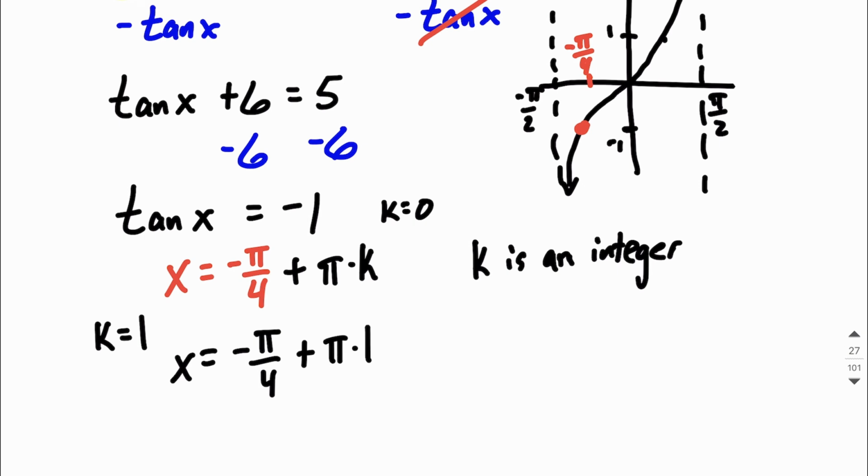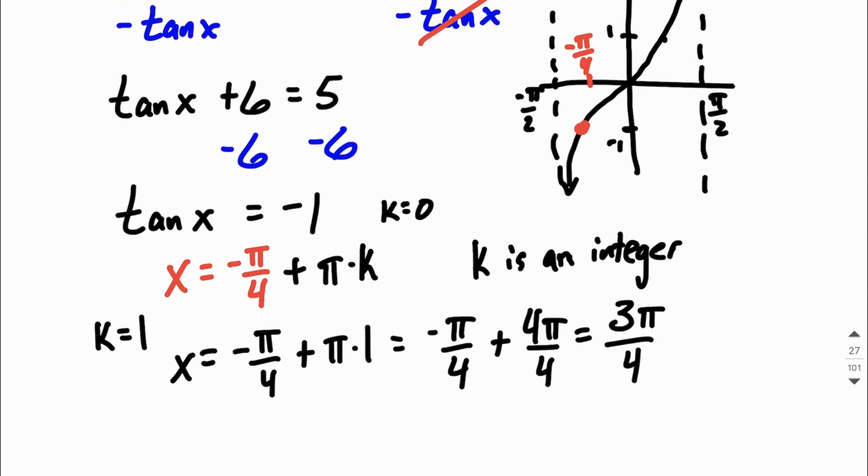I'm going to rewrite this as 4pi/4, which is the same thing as 1 pi. I've just strategically rewritten our 1 out in front so I get a common denominator. With a little bit of combining, we get 3pi/4. That's a good value. That's between 0 and 2 pi, so yep, that one works.